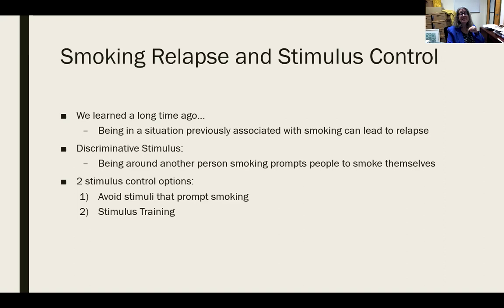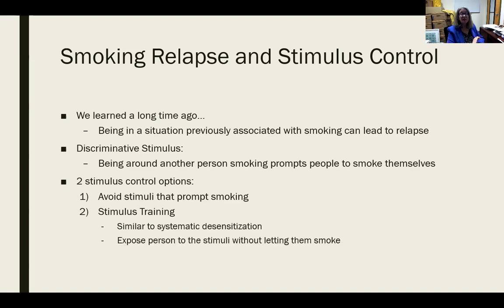Another thing we could do is stimulus training. Similar to systematic desensitization, we can expose you to the smoking situation without letting you smoke. We're going to have you hang out with that person who's smoking, but not smoke when you're with them. Each time you expose yourself to that and you don't smoke, especially if you reinforce yourself afterwards for not smoking in that situation, you are making stronger and stronger that connection to, I can be in this situation and not smoke.